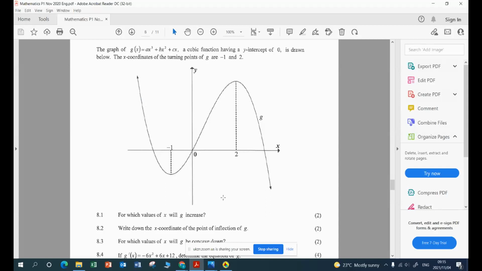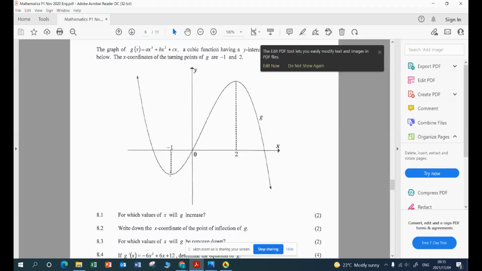Okay, the point of inflection is between the -1 and 2. Let me illustrate this again. From -1, it increases, and then it decreases. So if you have an increase and a decrease, the description of the point of inflection is the midpoint from -1 to 2.